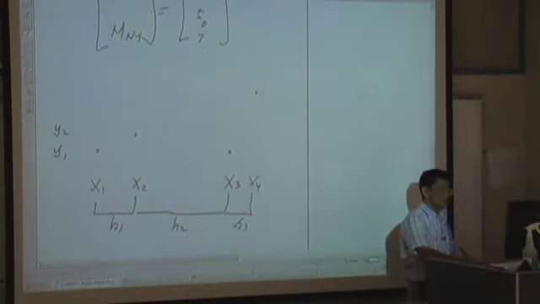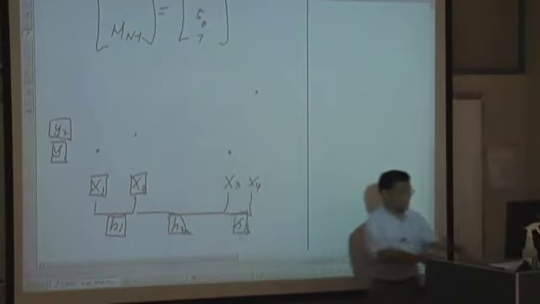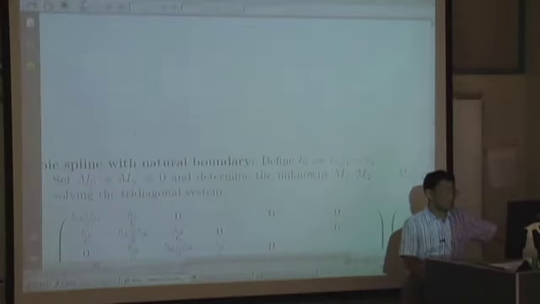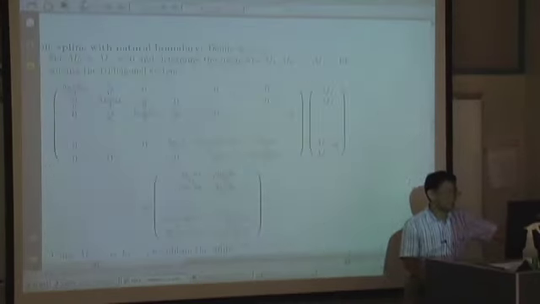But now, once these are given, then you assign xi, yi, right? And then you assign hi, h1, h2, h3. After this, now I will show you the full description.